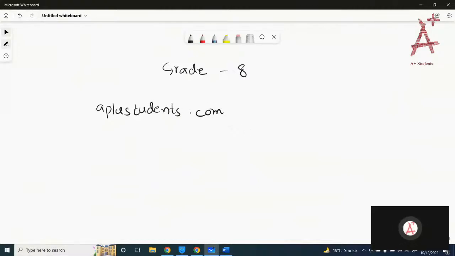You have to log in there using your email address and password as provided by the administrator. Then select math from the subject tab. Scroll down to grade 8 maths. Click on view all lessons.